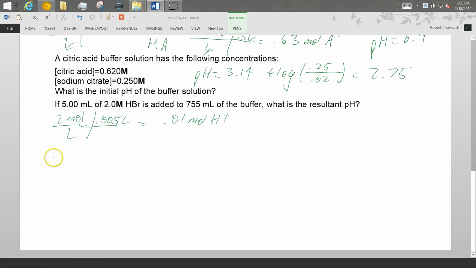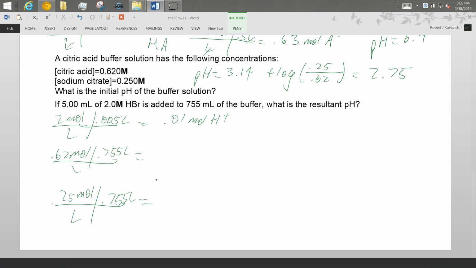And I've got 0.62 moles per liter, and it looks like 0.755 liters, and 0.25 moles per liter, and 0.755 liters. Make sure that you calculate it out like this. Don't make a mistake with the volume. What mistake might be made? Don't add them up.